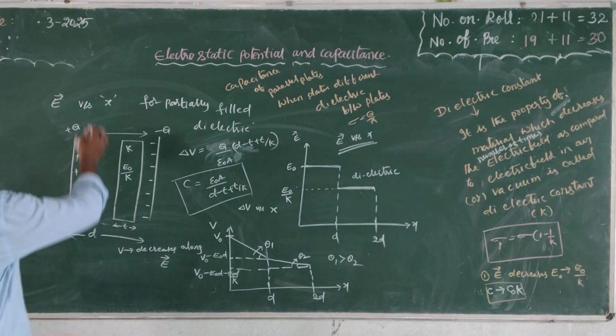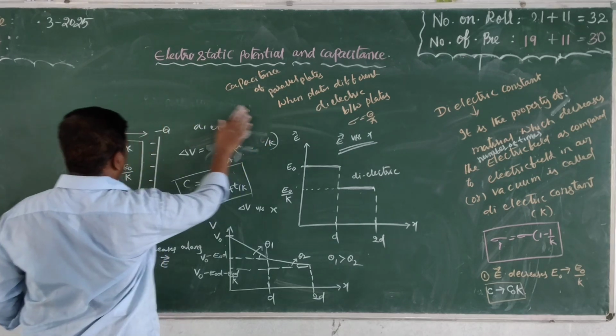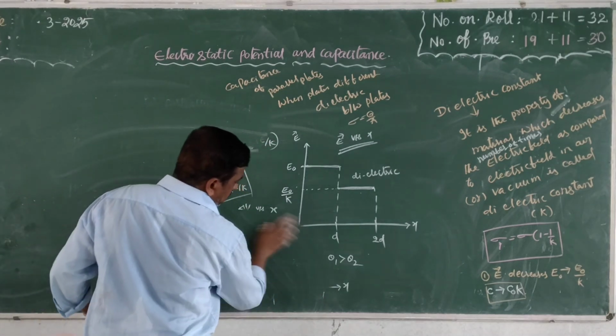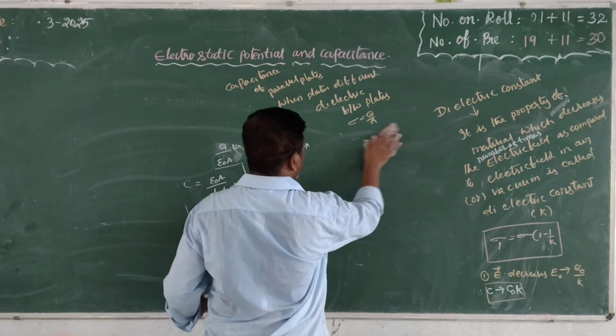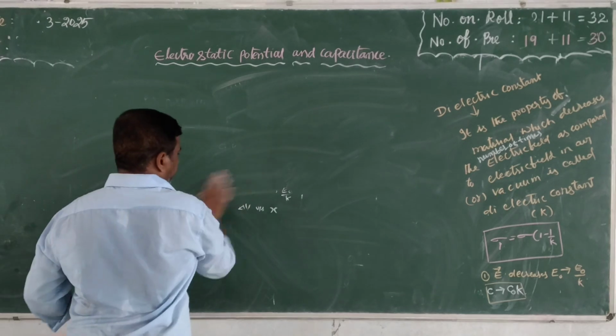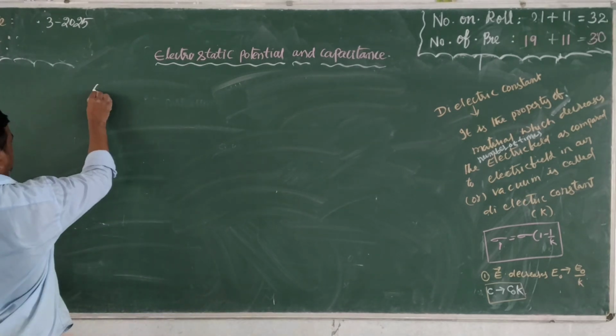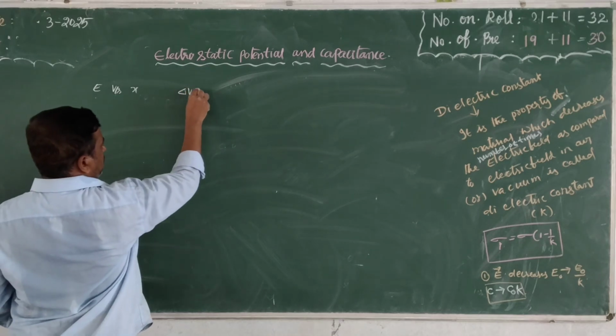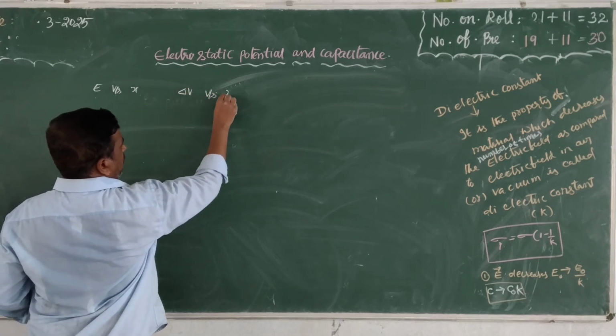For example, consider E versus x and delta V versus x when two dielectrics are placed between the plates. We can draw the graphs of E versus x and delta V versus x.